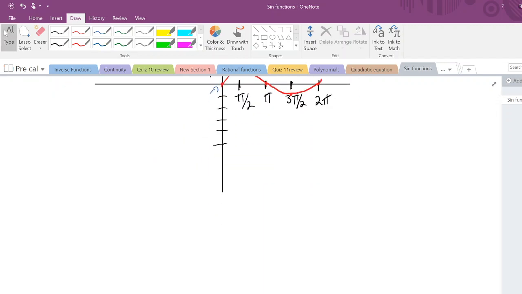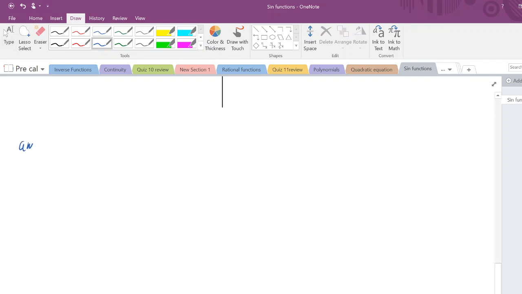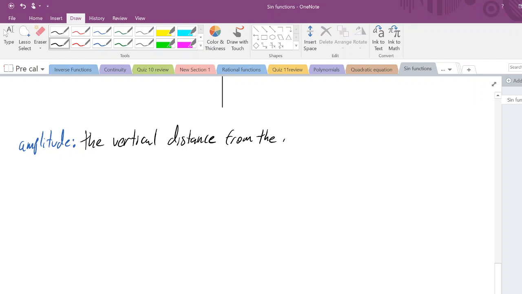Now, another word you need to know: the amplitude. It's the vertical distance from the midline to the highest or lowest point on the curve.